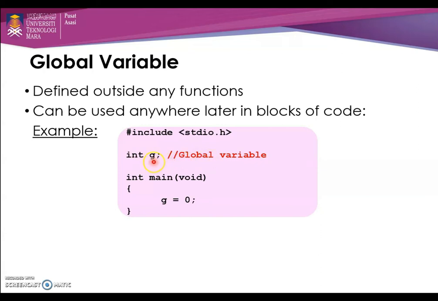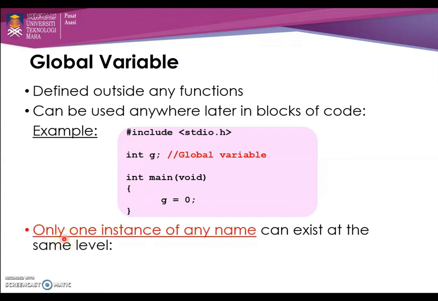So now G becomes a global variable. When you go to the main function, you just call the variable name instead of declaring it once again, because G can be retrieved by looking at the global area.